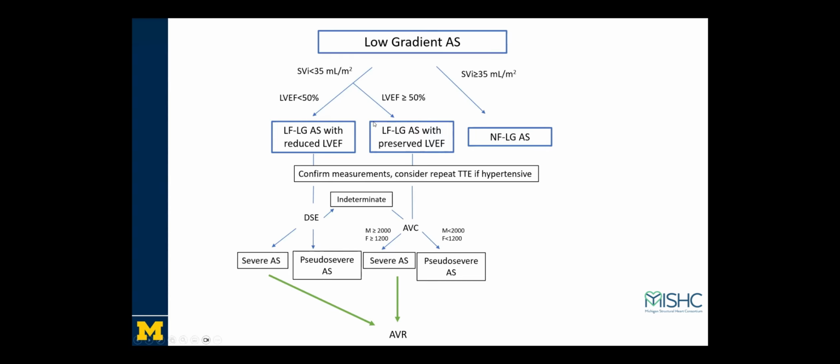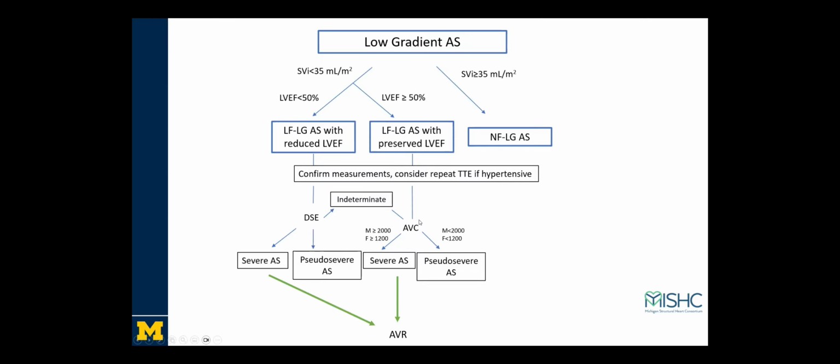So for patients with low flow, low gradient AS with a preserved EF, the guidelines recommend an aortic valve calcium score. If they have severely elevated calcium based on these sex-based thresholds, then that would be confirmation of severe AS. And if the patient is symptomatic or has other indications, they should proceed to AVR.